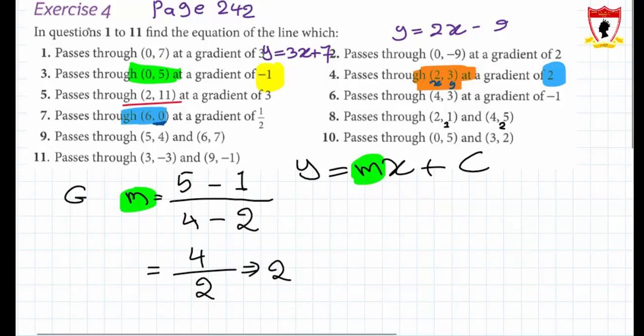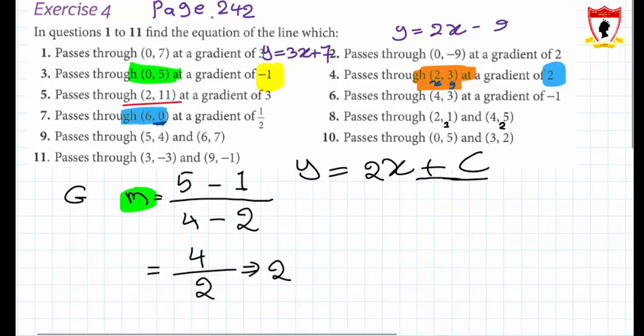The equation for question 8 looks like y equals 2x plus c. Now it's time to find c. Why 2x? Because we found that the gradient is 2. So y equals 2x plus c.